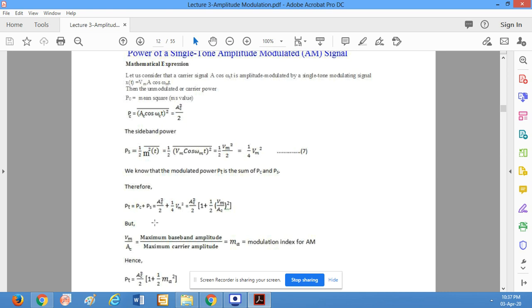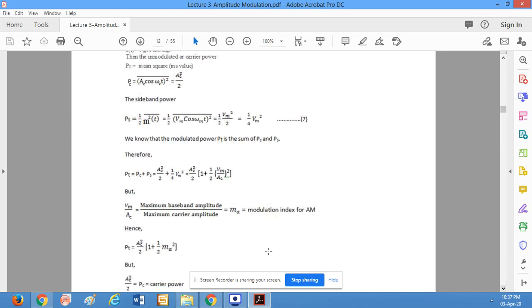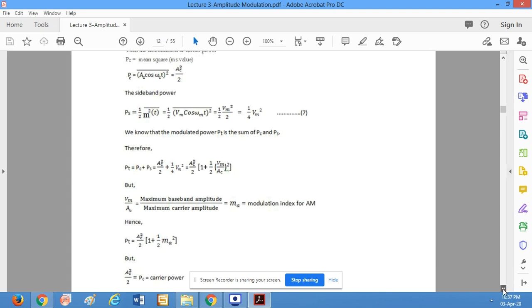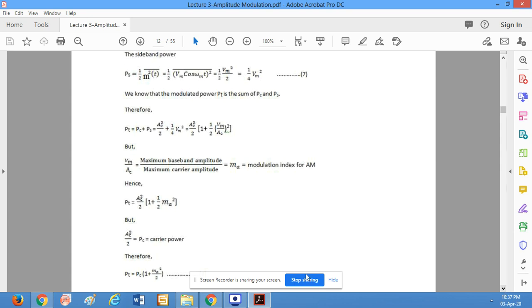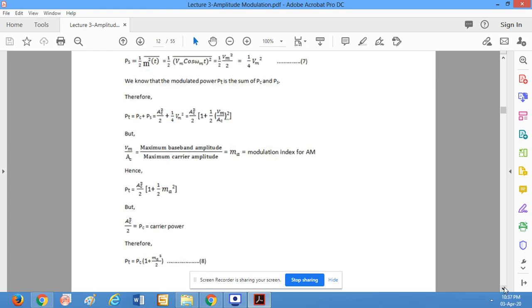Calculating this using the formula Vm upon Vc equals Ma gives us PT equals Ac square by 2 times (1 plus 1 by 2 Ma square). Out of this, Ac square by 2 is the carrier power. So we get the equation PT equals Pc (1 plus m square by 2).